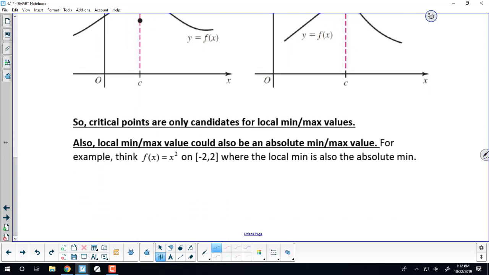So like x squared from -2 to 2, the absolute minimum is also the local minimum. And we saw that with the first graphic example when we identified the absolute and the local as well. So I know that's a lot of information. Does anyone have any questions or need clarity on any of that?